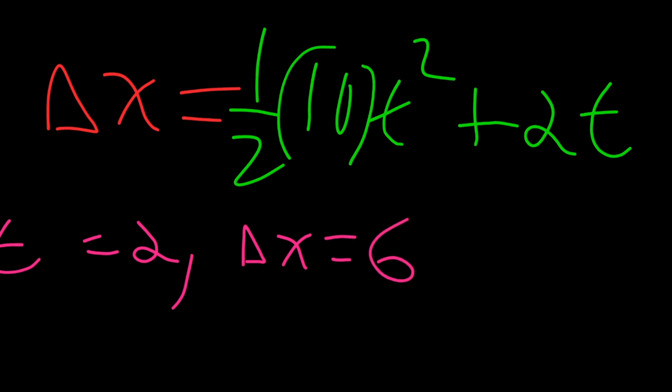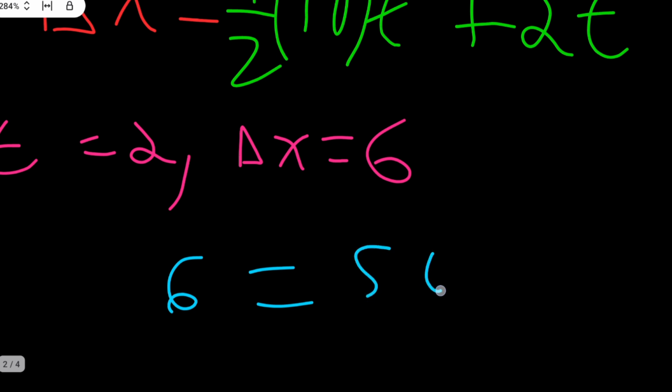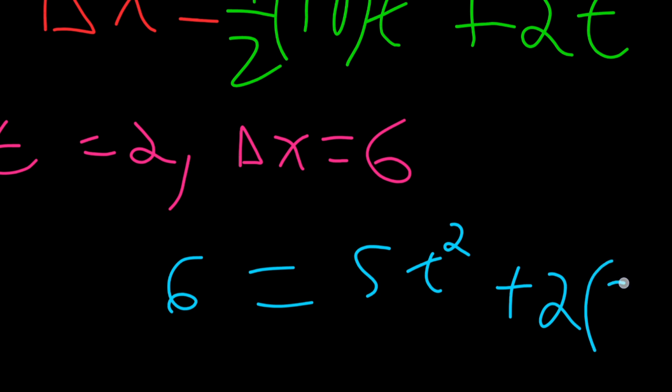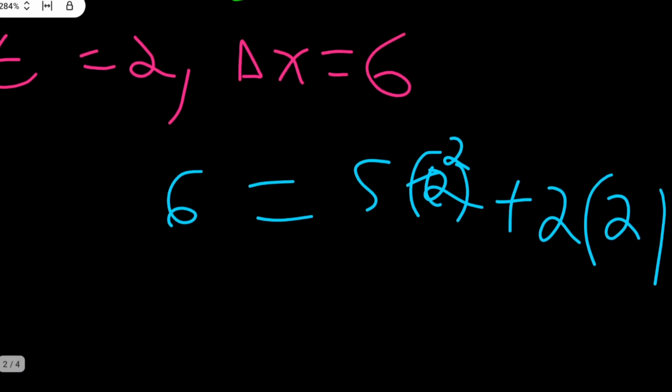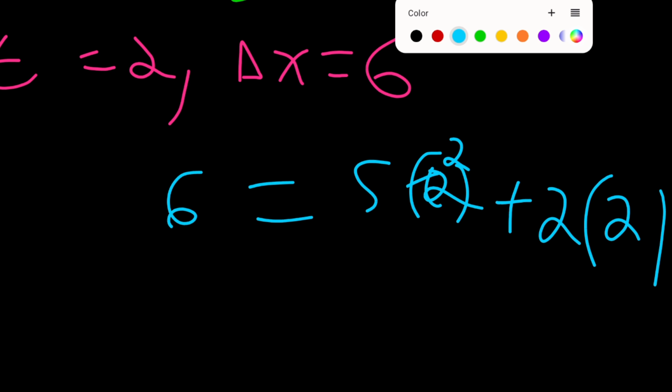You plug those in, and you get 6 equals 5t squared plus 2 times t. Plug in 2 as well, and then you're able to find your initial position from that. And then you can use this to derive this one, and get your velocity and acceleration.